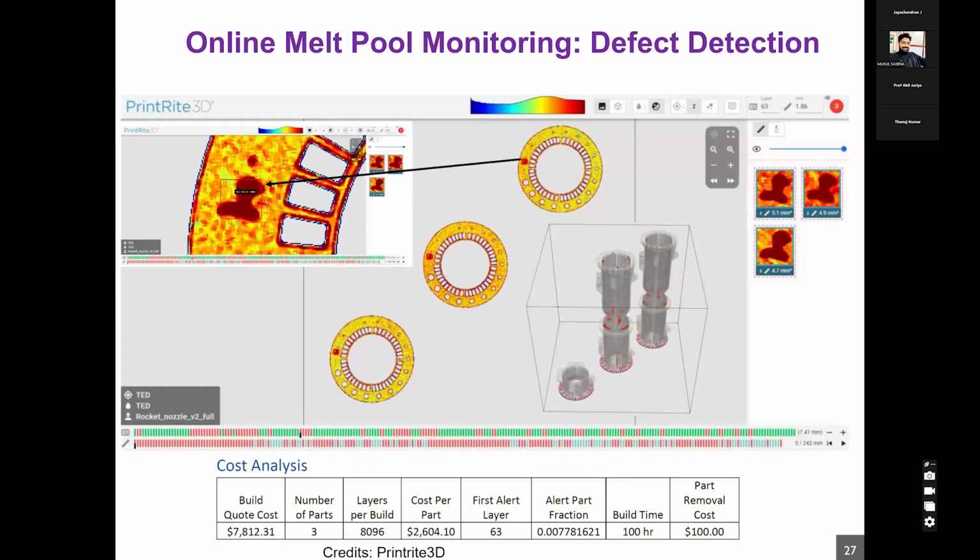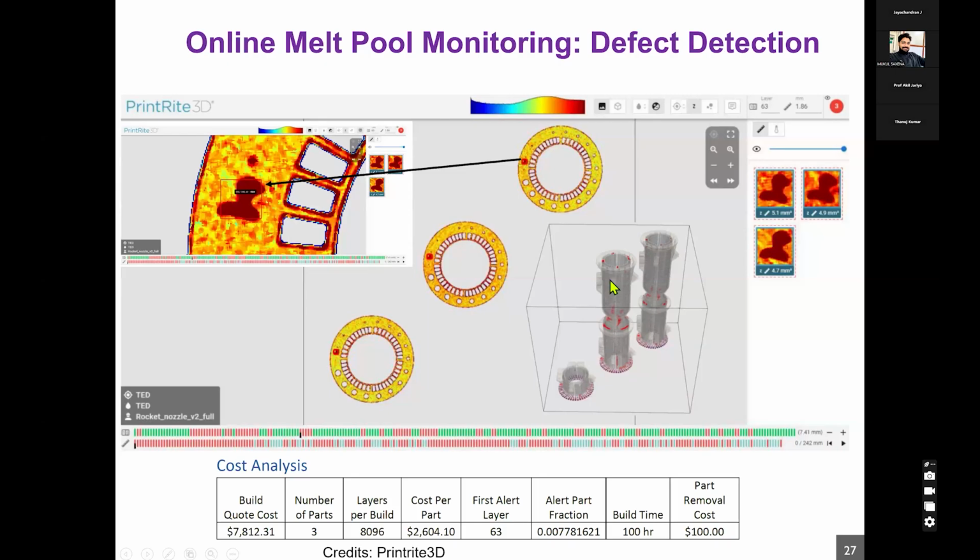Next is online melt pool monitoring, wherein we can detect the defects. Here, what we are trying to do is check the volume. We are checking the melt pool at each and every layer. Any local variation in the energy density can be correlated with some defects.